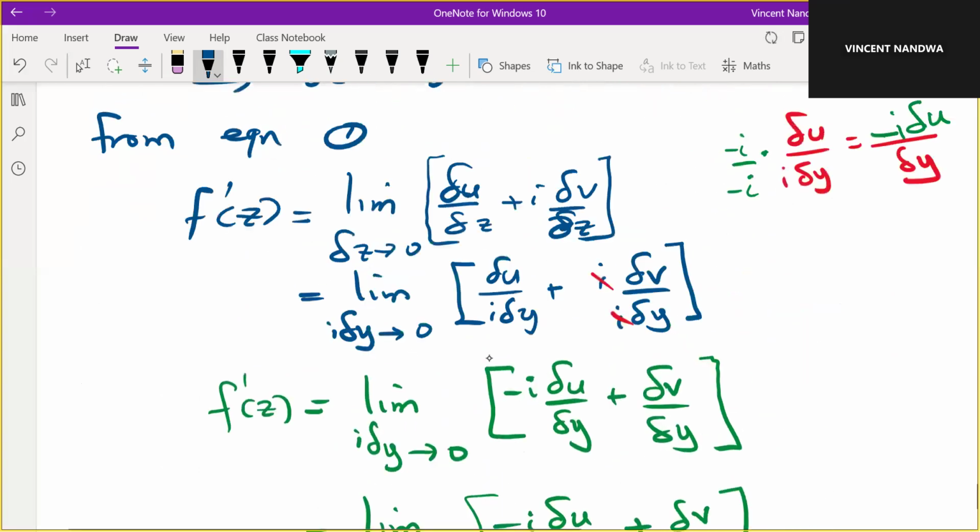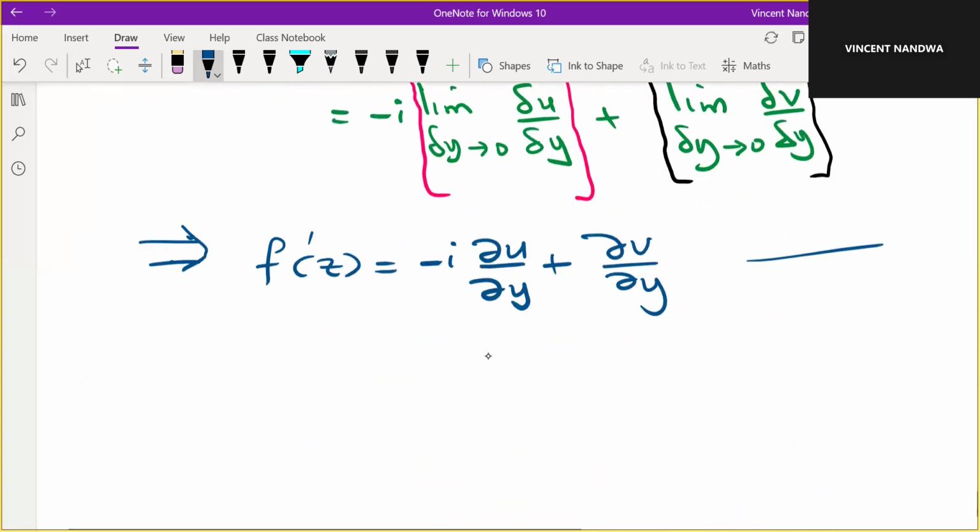Call this one equation 4. So you see in equation 3 we had f prime of z given by, can you read for me the result of equation 3?